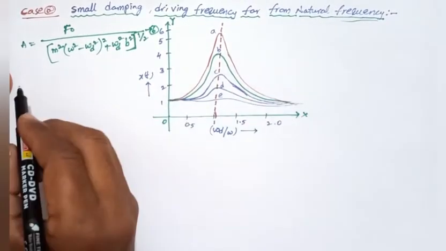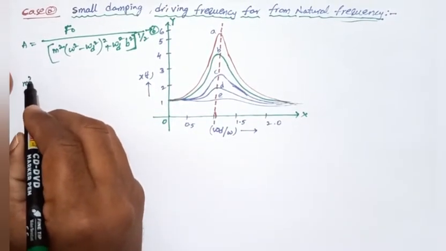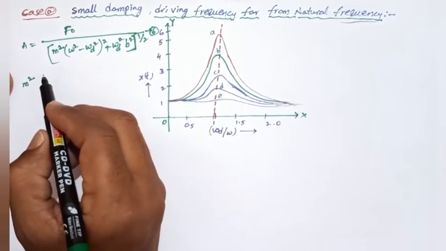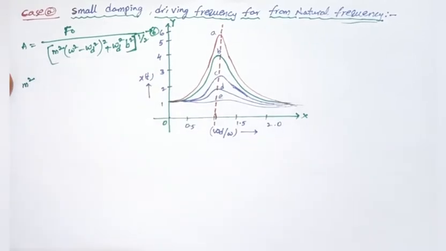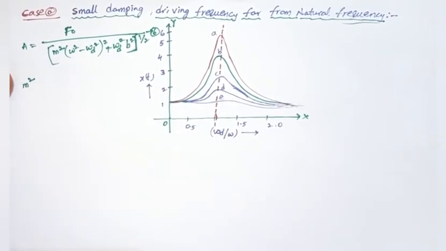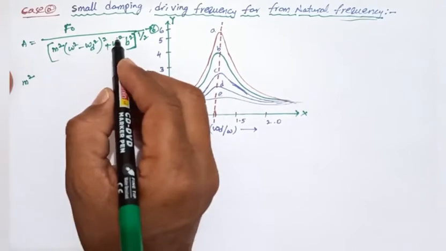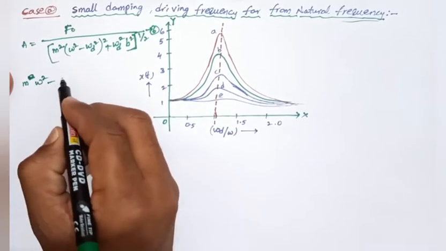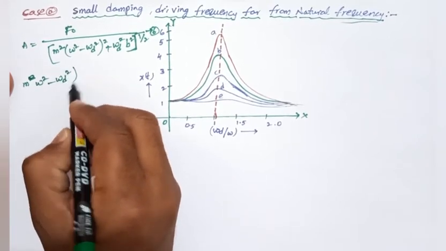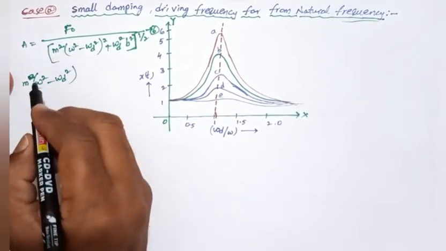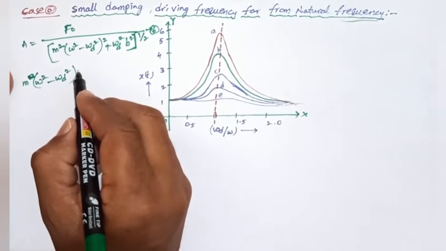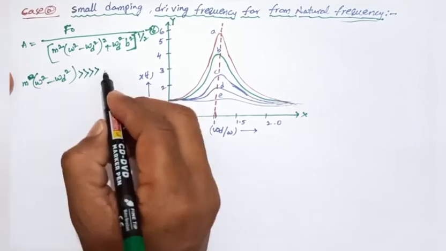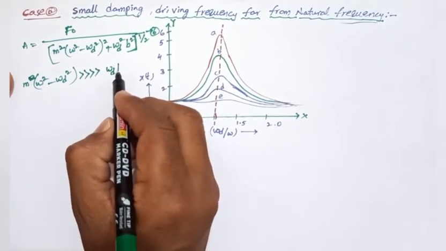So then we consider that the term m times omega square minus omega d square is much greater than omega d into b.